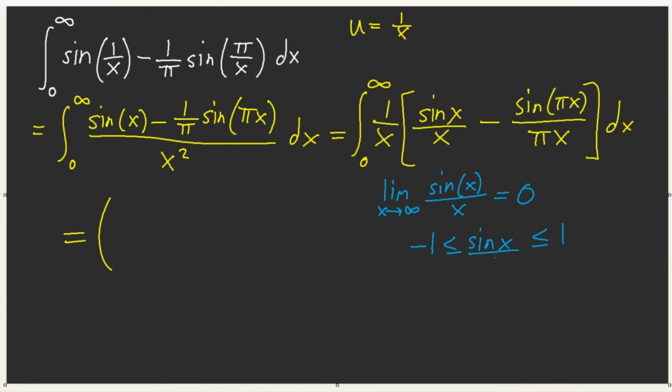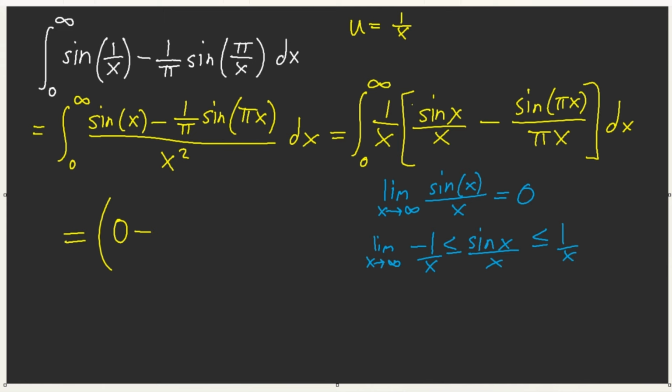Dividing everything by x and taking the limit as x approaches infinity, both bounds equal 0, and because it's squeezed between 0, this has to equal 0. So by the squeeze theorem, this is 0.